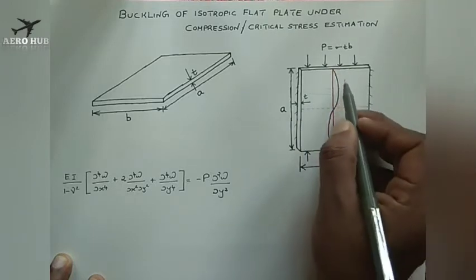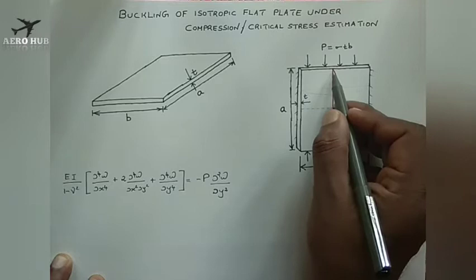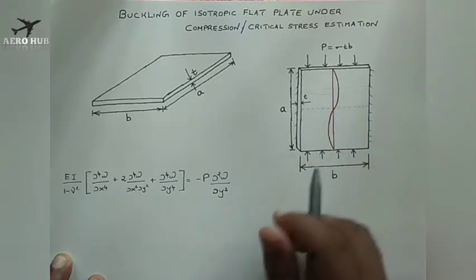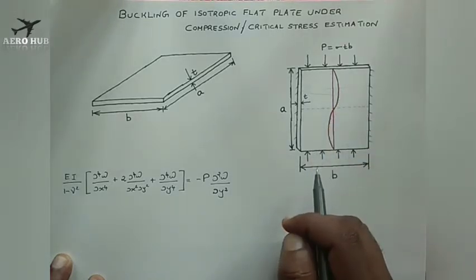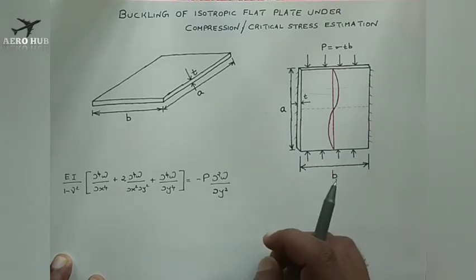This is the pattern in which the plate undergoes deformation, and after a particular load it will deform further. That is called the critical load, and we have to find the critical load as well as the critical stress.